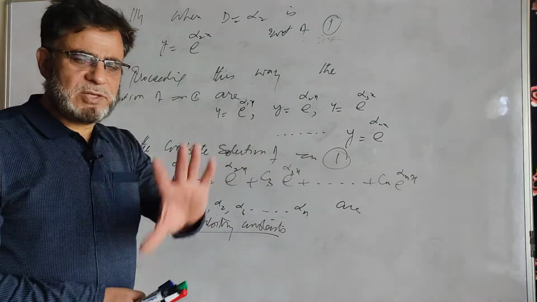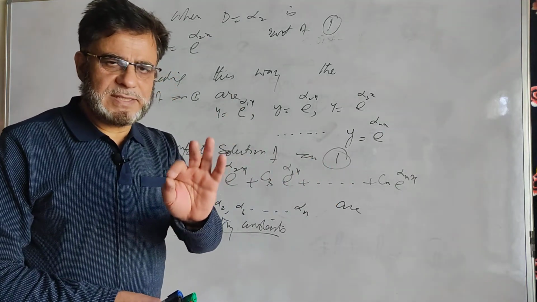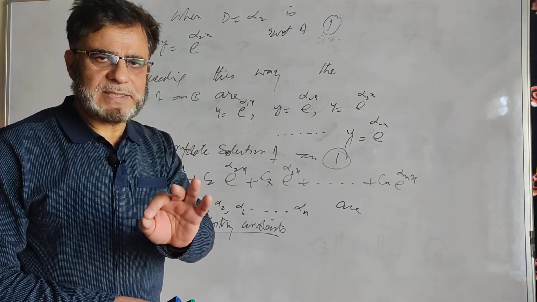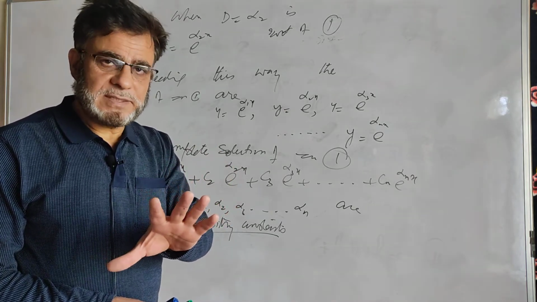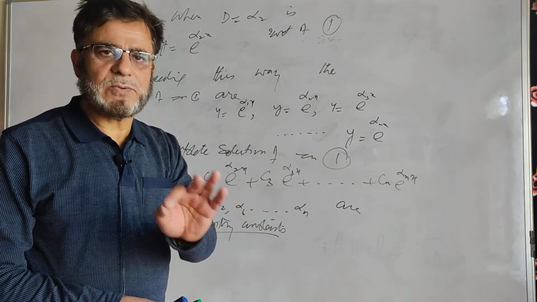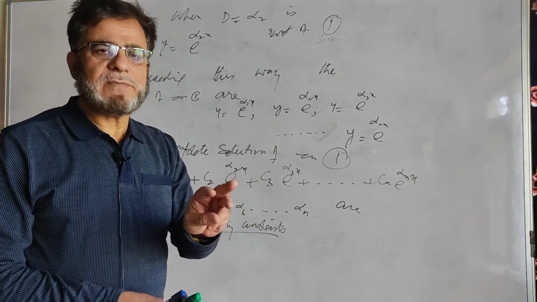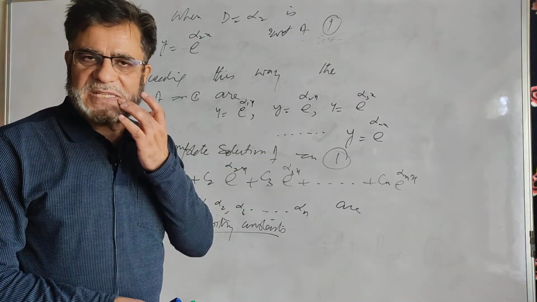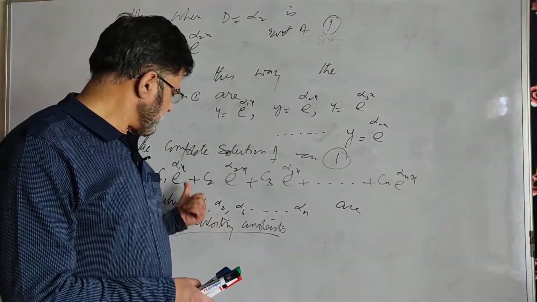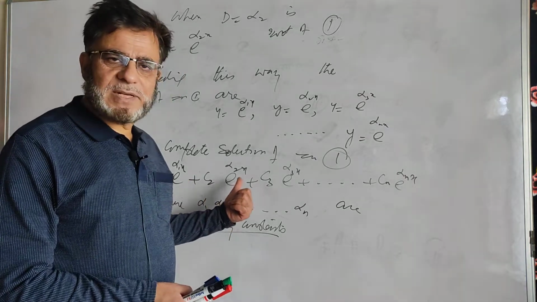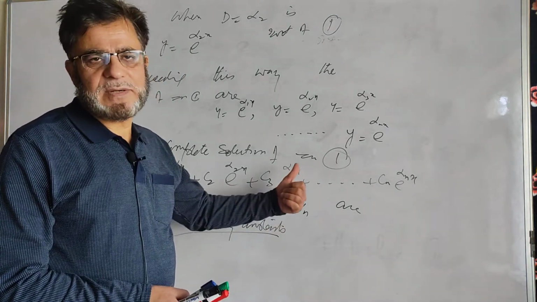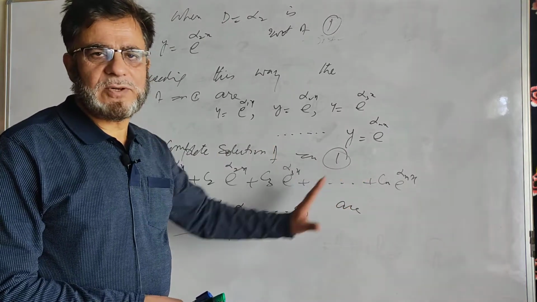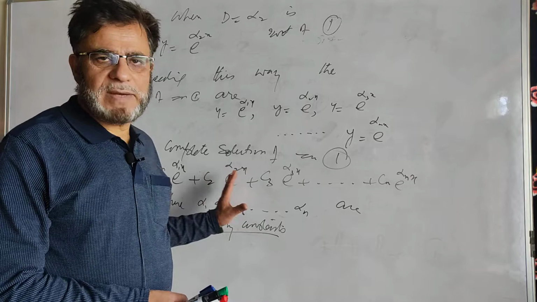In short, if the auxiliary equation has the solutions alpha 1, alpha 2, alpha 3, when it is of degree third, that means it will involve 3 arbitrary constants c1, c2, c3. You will write the solution y is equal to c1 e raised power alpha 1x, c2 e raised power alpha 2x, c3 e raised power alpha 3x. When it is of degree n, you have to write down n constants, and similarly you will have n roots.